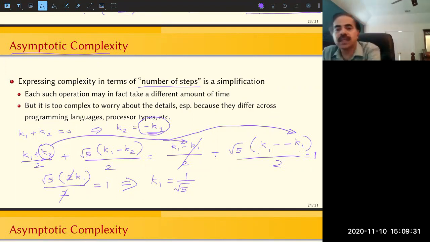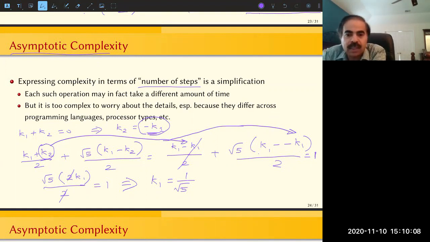So if you think about a program, the program has many steps, and each step may have many operations. And we could once again count the number of steps taken by the program, but then we are not entirely sure how much time each of those steps will take, right? So sometimes, there may be some operations that take much longer than other operations. So for instance, a division operation may take significantly longer than, let's say, an addition operation.